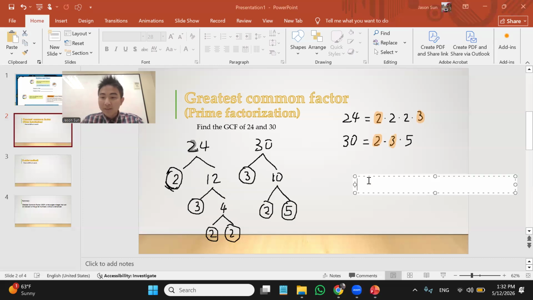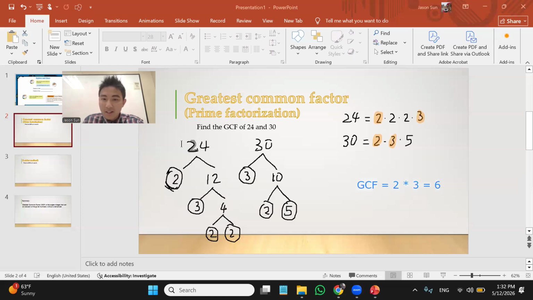Now, in summary, the greatest common factor, or GCF, will be whatever numbers are highlighted on both 24 and 30. So in this case, 2 and 3, we multiply what has been repeated. So that also gives you the same result as we had earlier, which is 6.